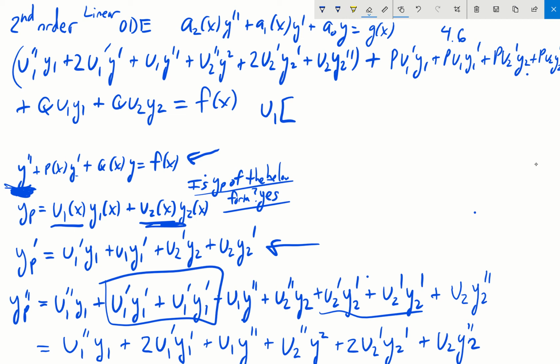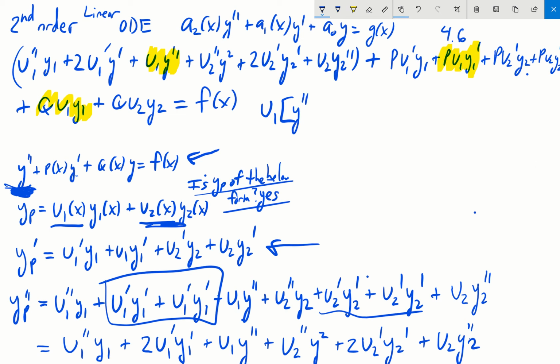Where are my u1s? Well, there's one here. Here's a u1 term. Here's a u1 term. And here's also a u1 term. So if I factor that out, what's left?